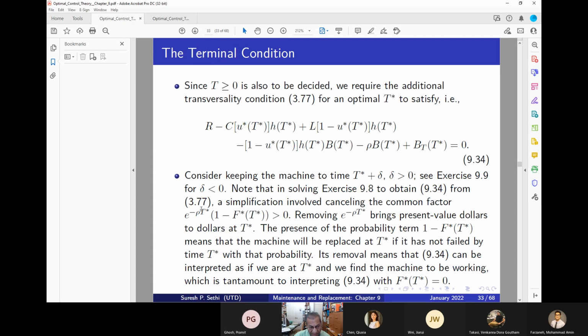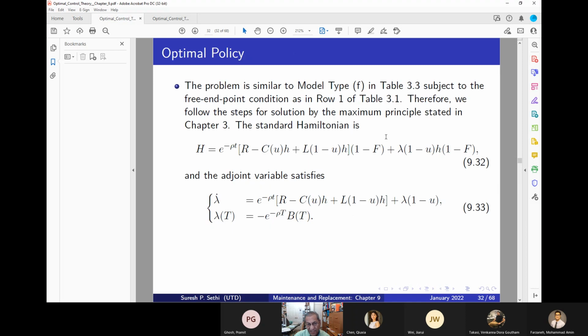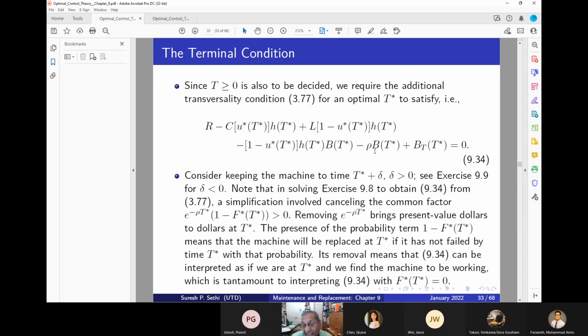But if I remove e to the minus rho t star, then that value is not at time 0, but is at time t star. So what I'm trying to say is that when I interpret this condition, I'm really at t star, not at 0.